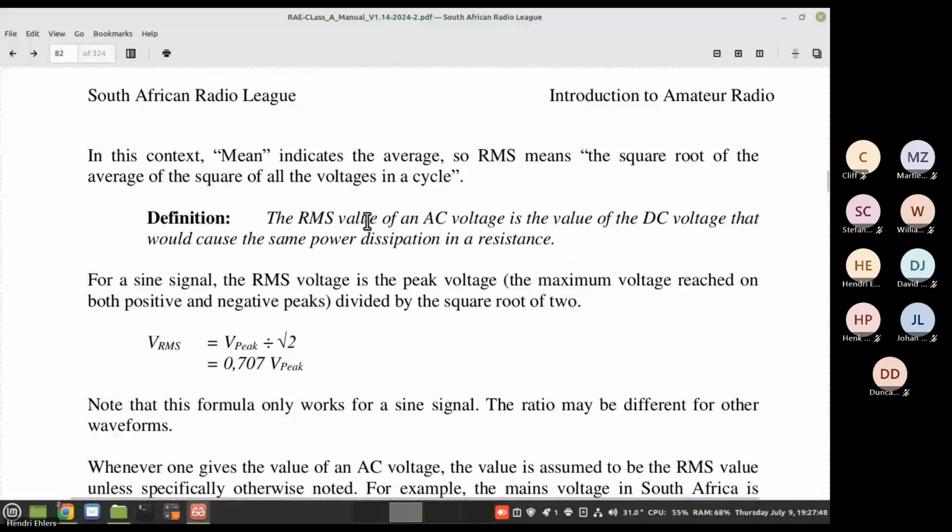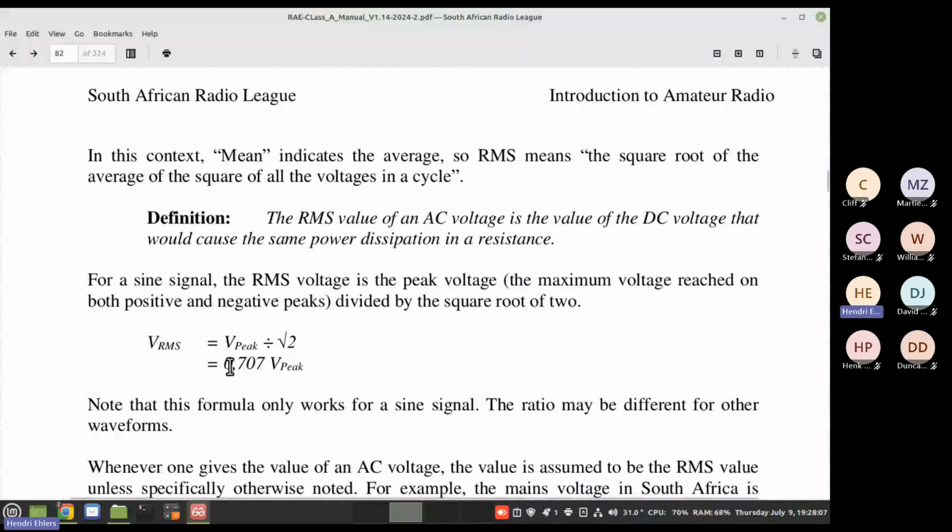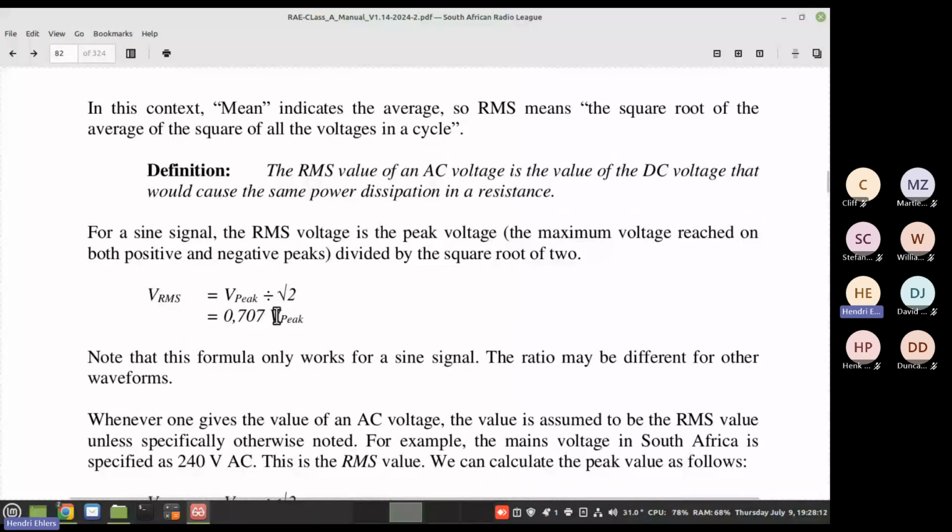Right. Now, in order to calculate the RMS, you would use the peak voltage divided by the square root of 2. And that is 0.707. And that's also a number you can remember because you're going to use it regularly.